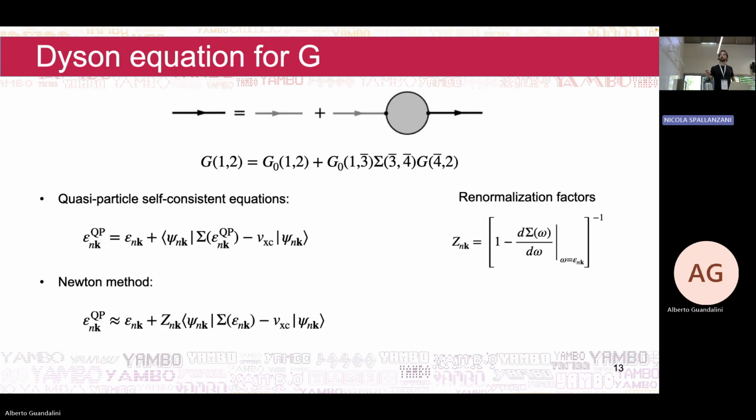These Z factors, called renormalization factors, are linked to the quasi-particle approximation and tell you the weight of the quasi-particle approximation in the spectral function. And of course, it depends on the derivative of the self-energy with respect to the energy, due to the fact that we have done a Taylor expansion of the self-energy.